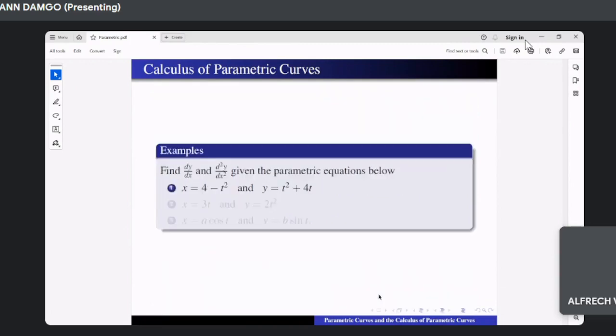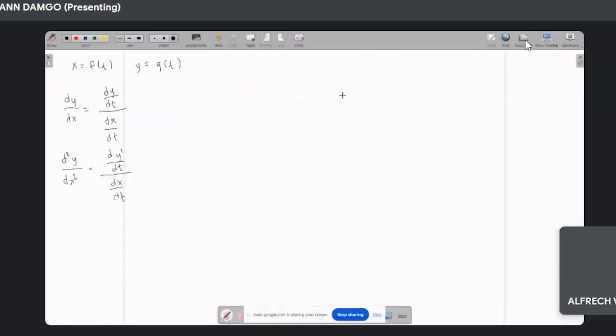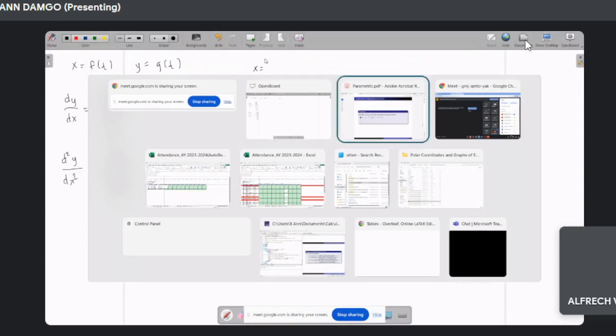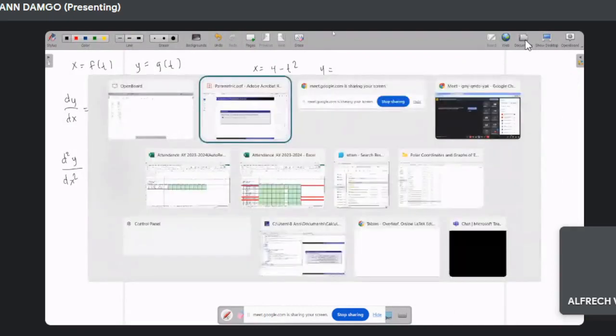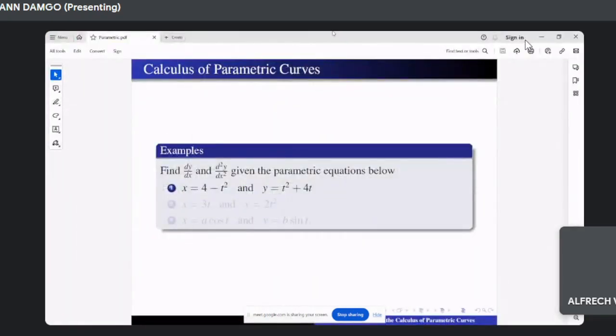Okay, so we have x is equal to 4 minus t squared and then y is equal to t squared plus 4t.